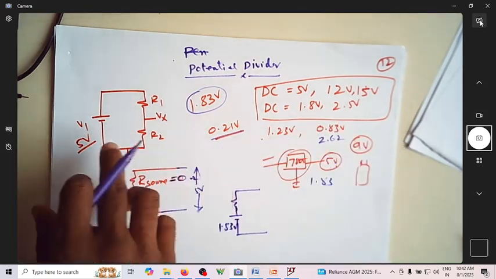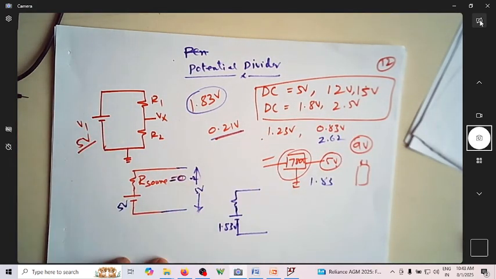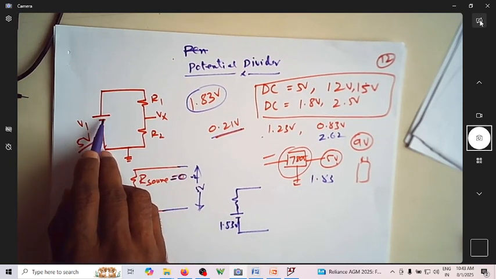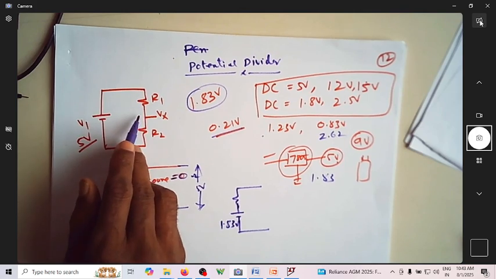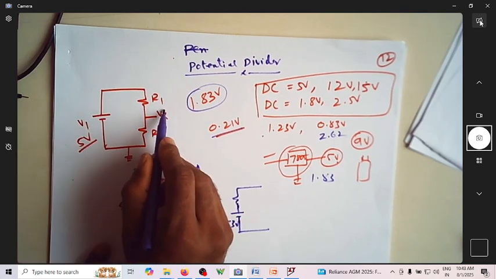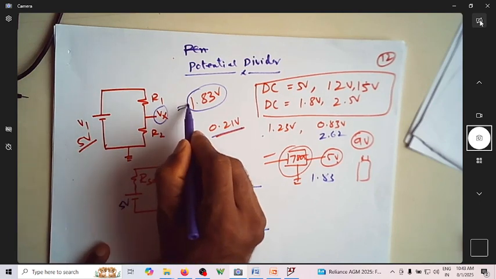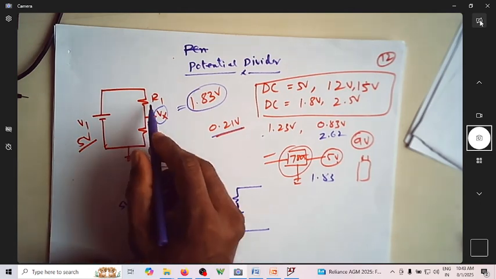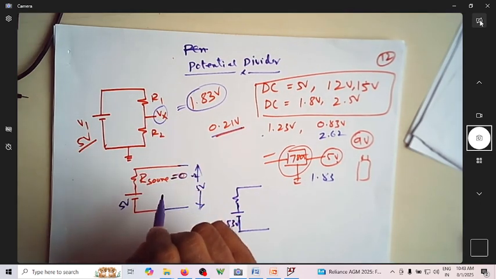These are all derived from the available power supply. So this is my 5 volt power supply. I will use two resistors to get Vx, the desired voltage, which is 1.83 in this case. Then how do we decide the values of R1 and R2?